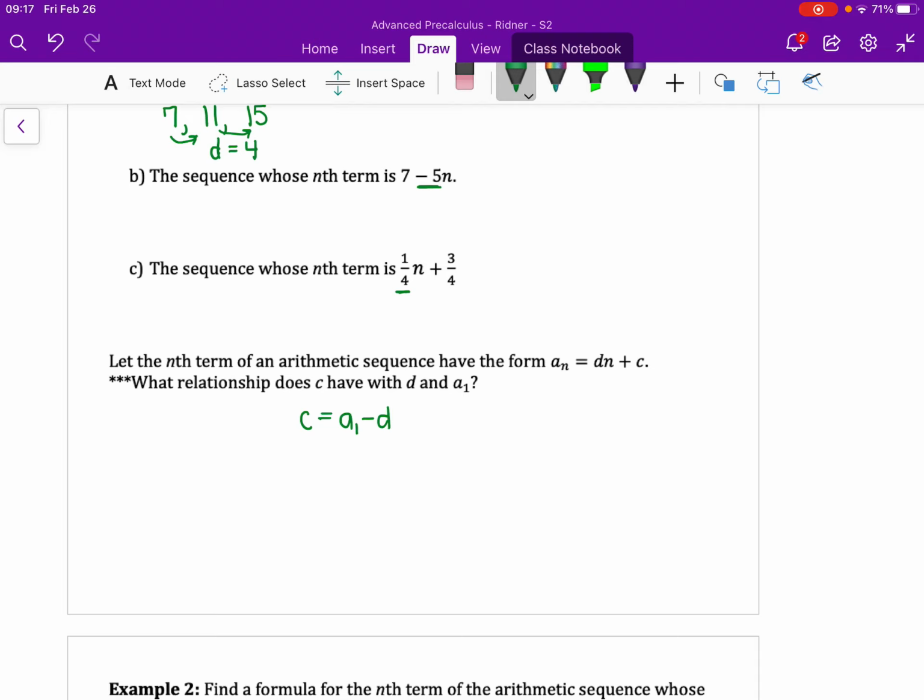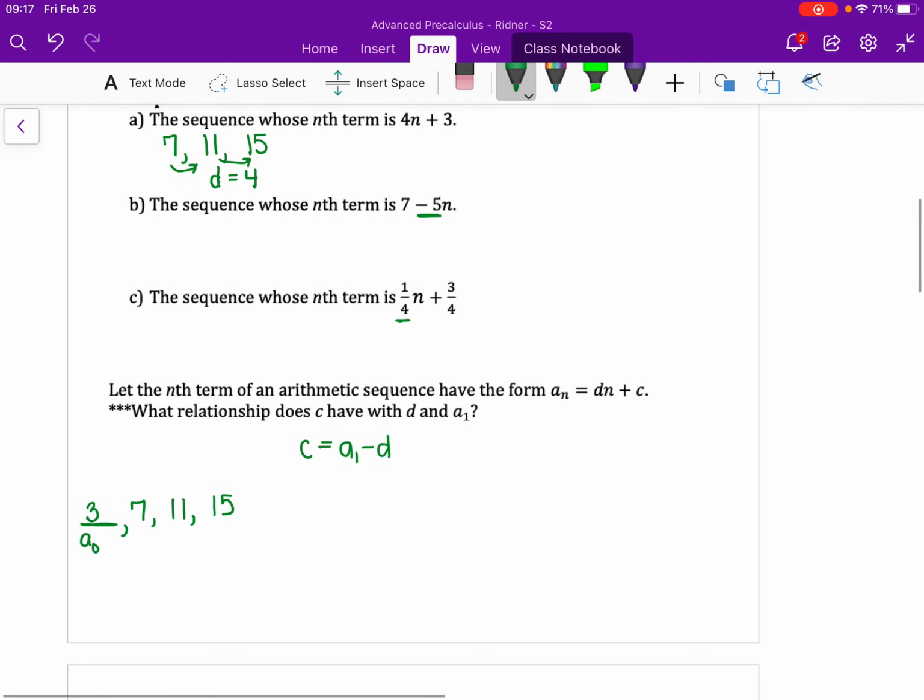So here's how I think of that. Go back to that example we did. If I were to put one number in front, I call it a sub 0, like not the first term, but if there were one to come before it, what would it be? What would the number be if I am adding 4 every time? That means that this number would be 3, correct?